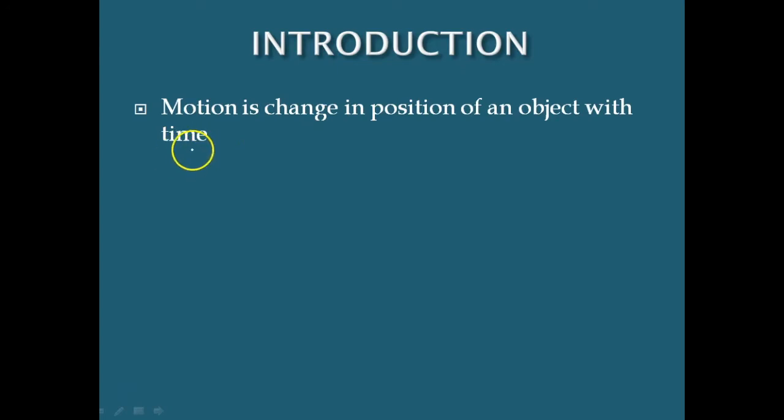Motion. What is this motion? We know motion is common to everything in the universe, isn't it? For example, we walk, it is a form of motion. Even we run and ride a bicycle.